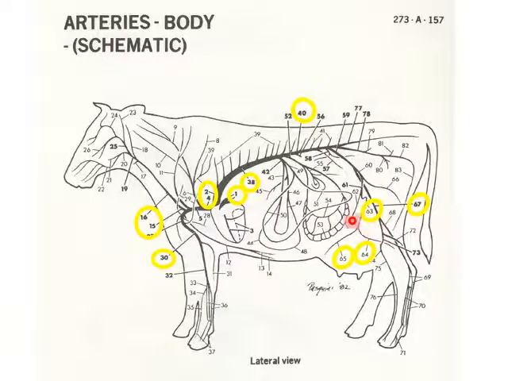Then we're moving down here to discuss the arteries that are going to feed the udder. So with the udder, you're going to have some branching off the abdominal artery.